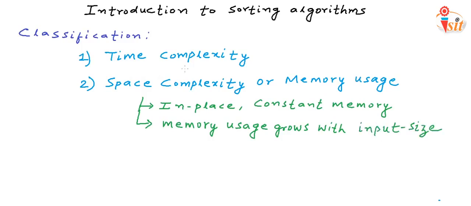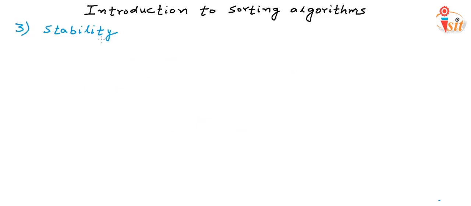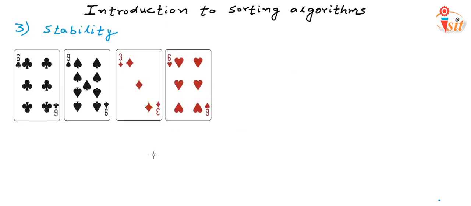The third parameter that we talk about is stability, and this one will take some explanation. Suppose we have a set of cards like this, and we want to sort these cards in increasing order of rank. We have 3 of diamond, we have 9 of spade, and we have two 6s, one of club and another of heart.